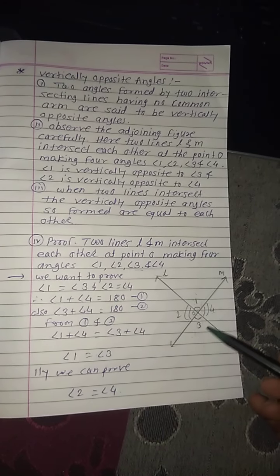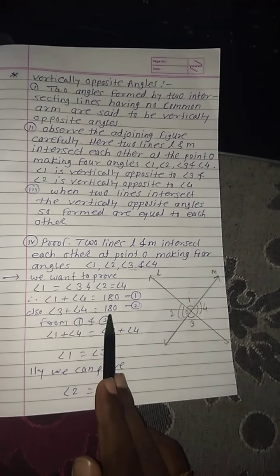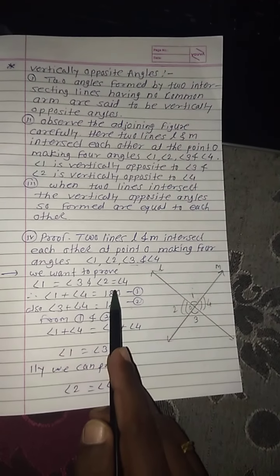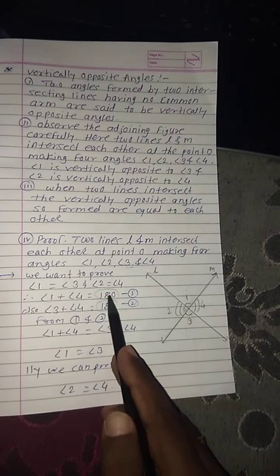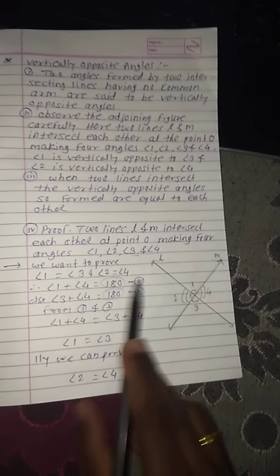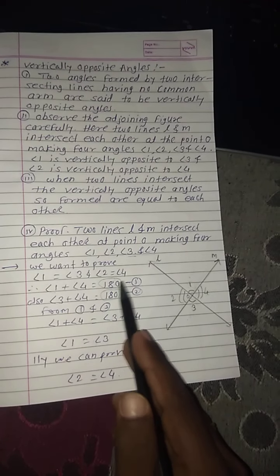Therefore angle 3 plus angle 4 is equal to 180. Equation number 2. Observe equation 1 and equation 2. The right side is the same, so the left side is also the same.